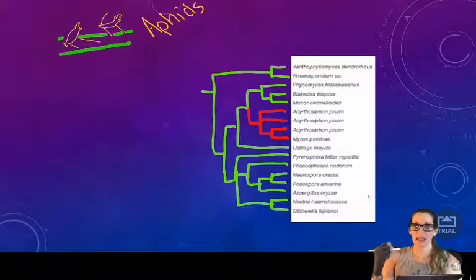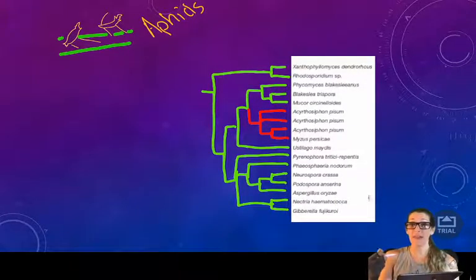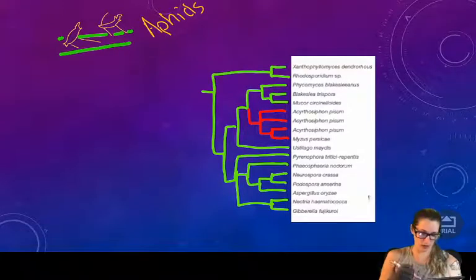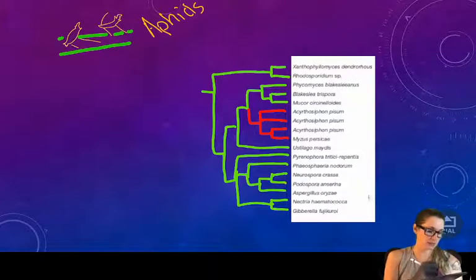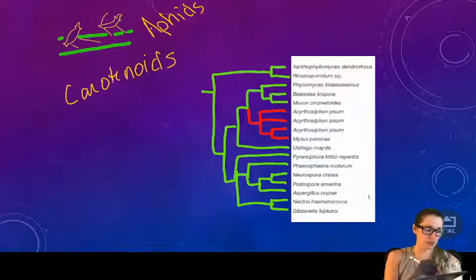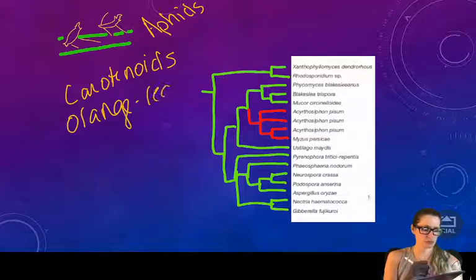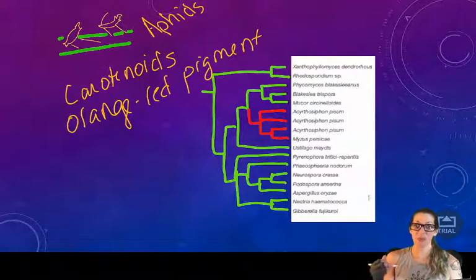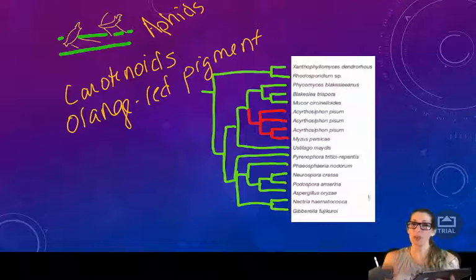And if you look only at the gene that encodes the ability to produce carotenoids, and carotenoids are like orange-red pigment. Most animals can't produce their own carotenoids. They have to eat stuff that has carotenoids, and then they incorporate that color into their body.